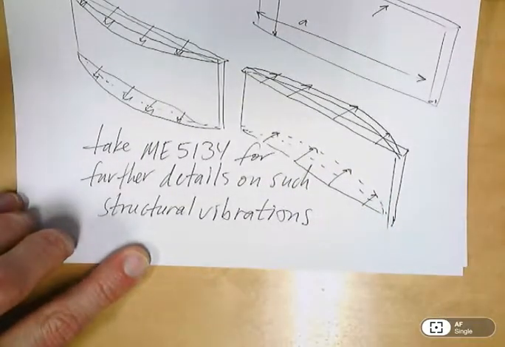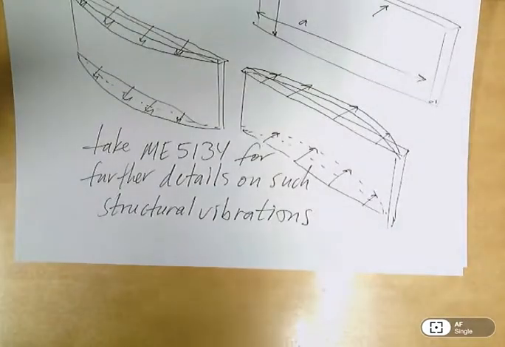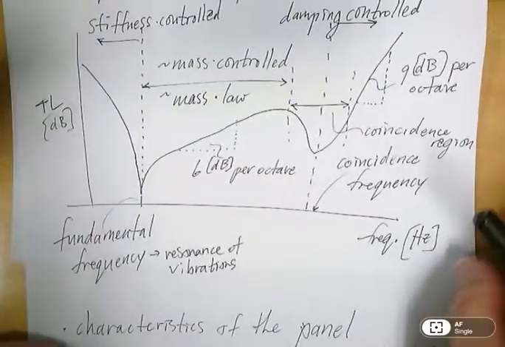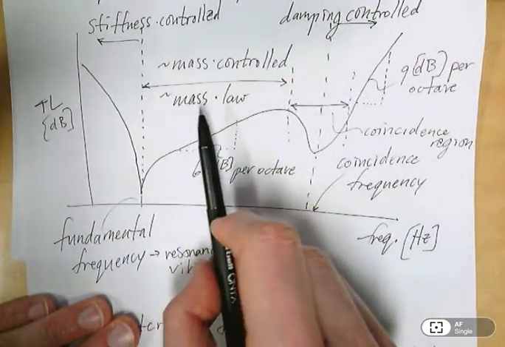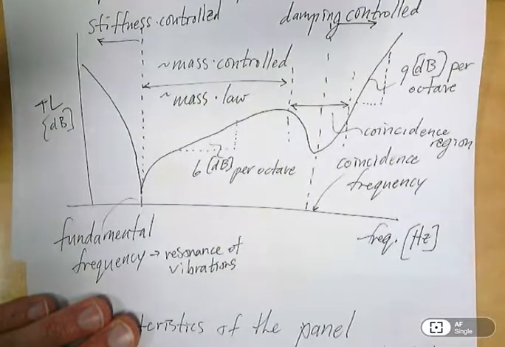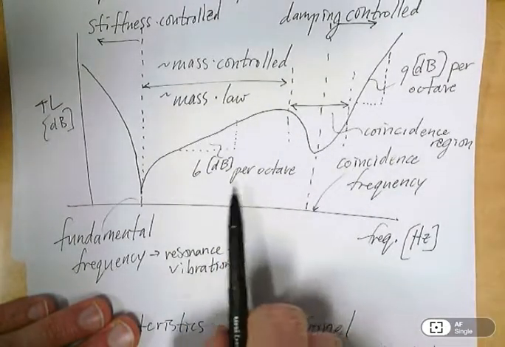So, let's review. We've seen that the transmission loss in some mid-frequency region is governed by the mass law. The rate of change in frequency per octave is 6 decibels.